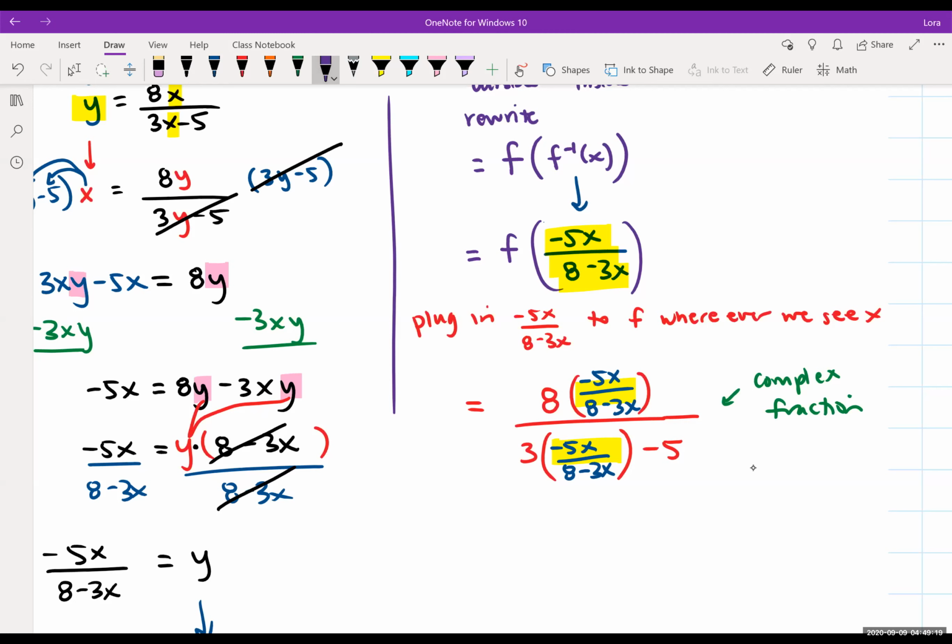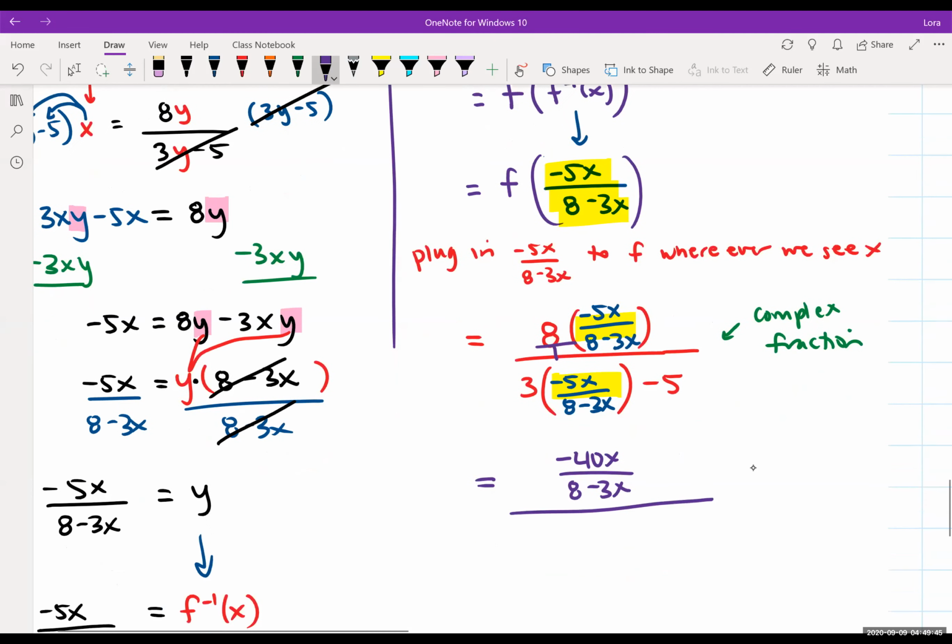Maybe for now, what I'd like to do is I do see that I have a monomial 8 times a fraction. So that's like 8 over 1 times negative 5x over 8 minus 3x. I may just understand multiplying the numerators, might be a little nicer. So this numerator would be negative 40x, that's 8 times 5, over 8 minus 3x. Cleans it up just a little bit.